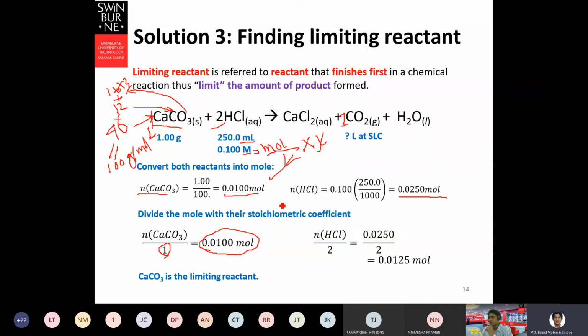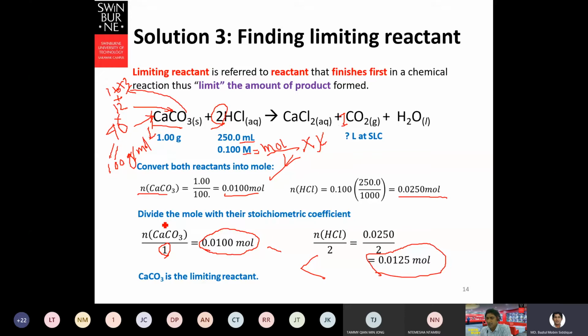But for HCl, 0.025 divided by the stoichiometric ratio 2 is 0.0125, right? Still it is more than this. HCl number of moles is more than the number of moles of calcium carbonate. That means HCl is the excess reagent, and calcium carbonate is the limiting reactant, or reagent.